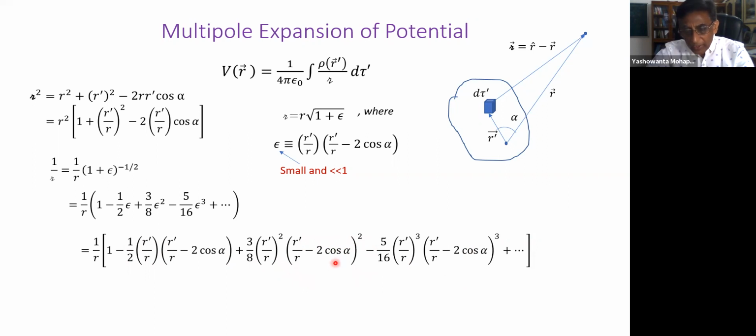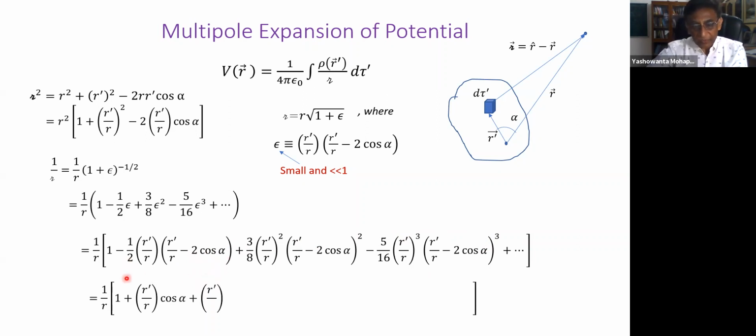In this square, there will also be a contribution for the first term in r prime by r. And hence I must gather all the orders in terms of r prime by r. So I just open them up and gather the terms and write it down. You can do that in longhand also, but I have already done that.